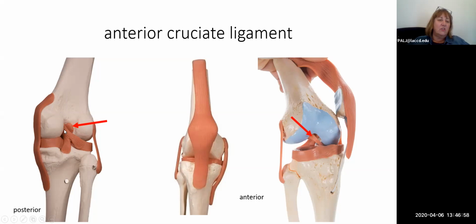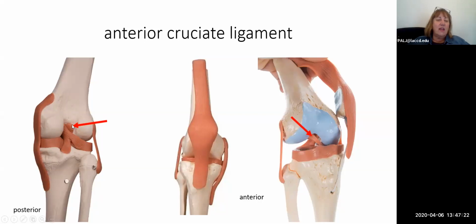What I want you to notice is that both of these can be seen posteriorly because they both attach posteriorly on the femur. And then the one that I am pointing to will go from a posterior attachment on the femur to two posterior attachments on the tibia.